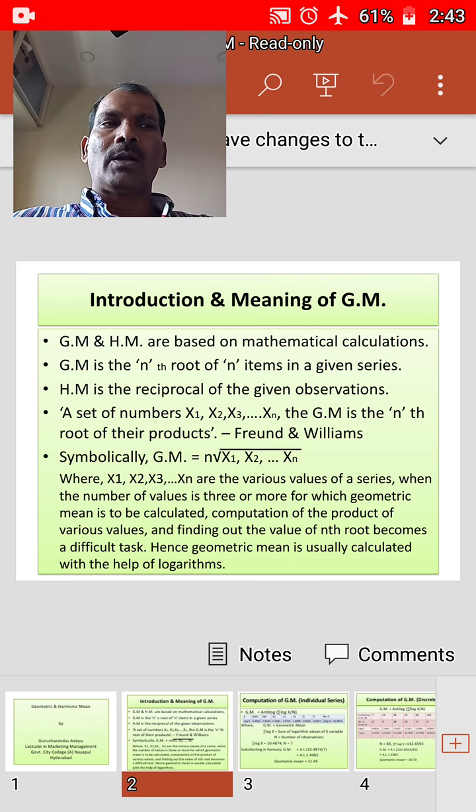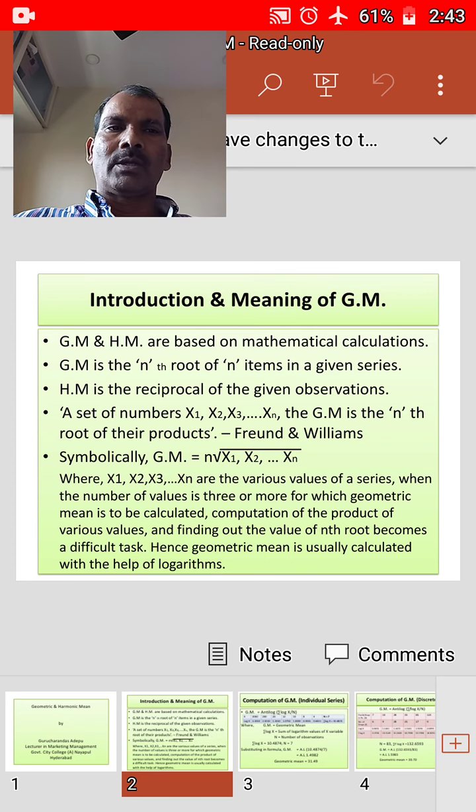When the number of values is 3 or more, computation of the product of various values and finding the nth root becomes a difficult task. Hence, geometric mean is usually calculated with the help of logarithms.